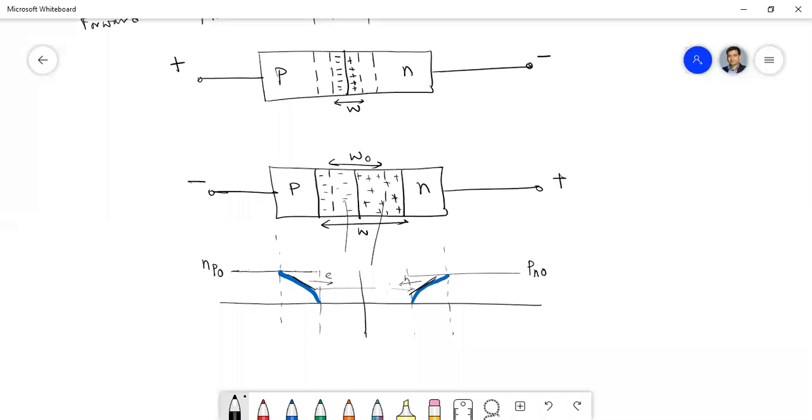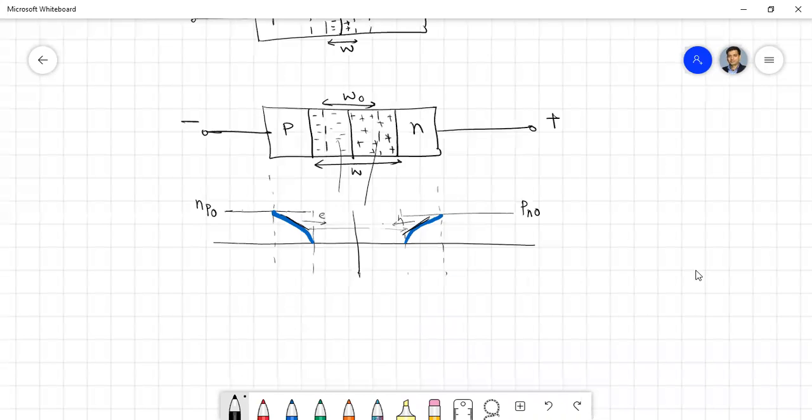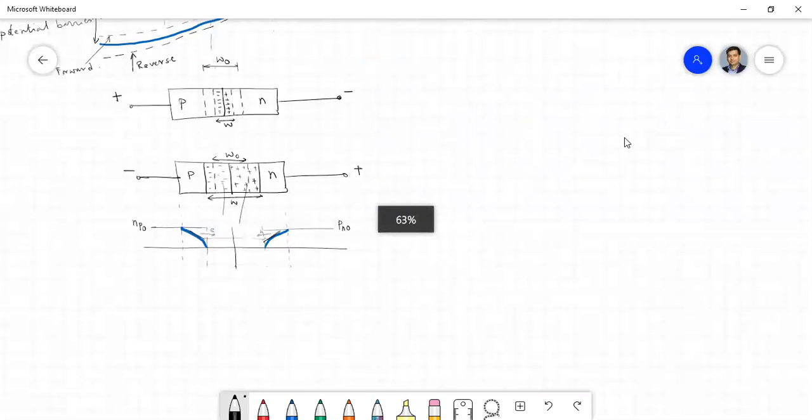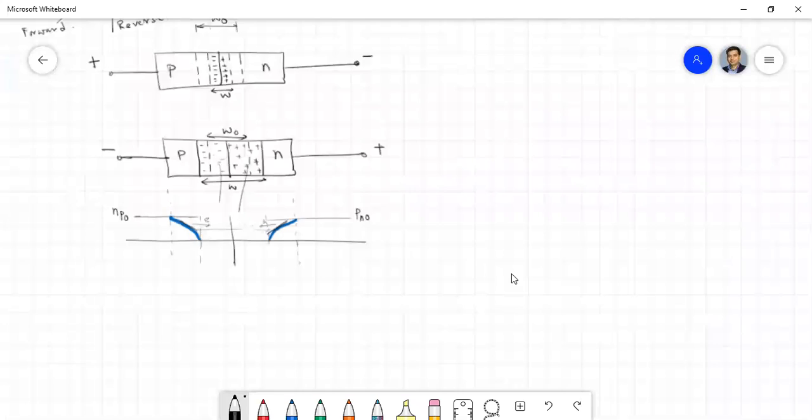So whenever the device becomes forward biased and the potential barrier is reduced, there is a destruction of this equilibrium, and as a result, there is an enormous increase in minority carrier densities along the space charge region. I will show you how the density changes.